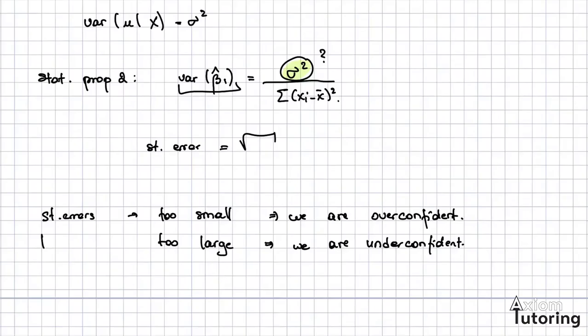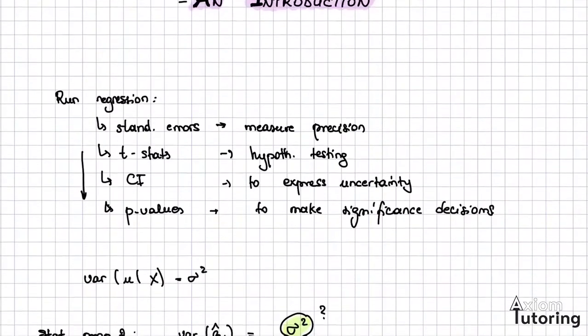In terms of consequences for the other terms, remember that t-statistics are constructed as your beta hat divided by the standard error of the beta hat. So if the standard error is questionable, the entire t-statistic will be questionable as well.